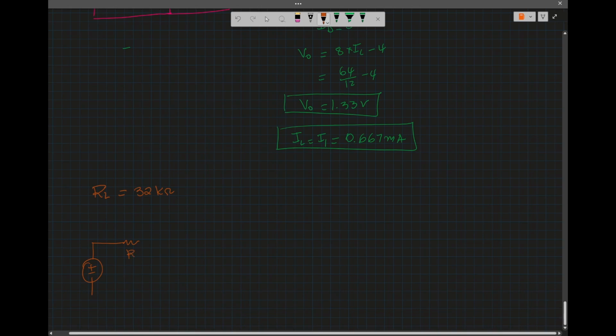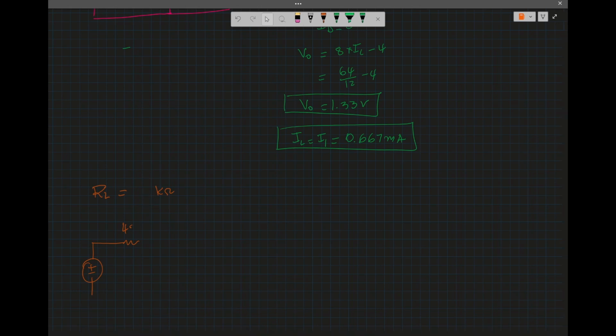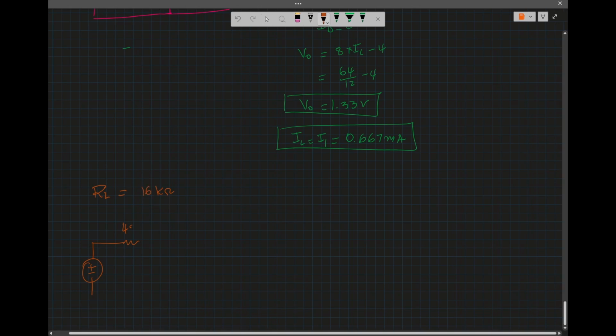This is 4 kilo ohm. So you know what, let's do all of them. So I'm gonna do 16k. So 4 volt. I have 4 kilo ohm here. So 4k, 4 volt here.